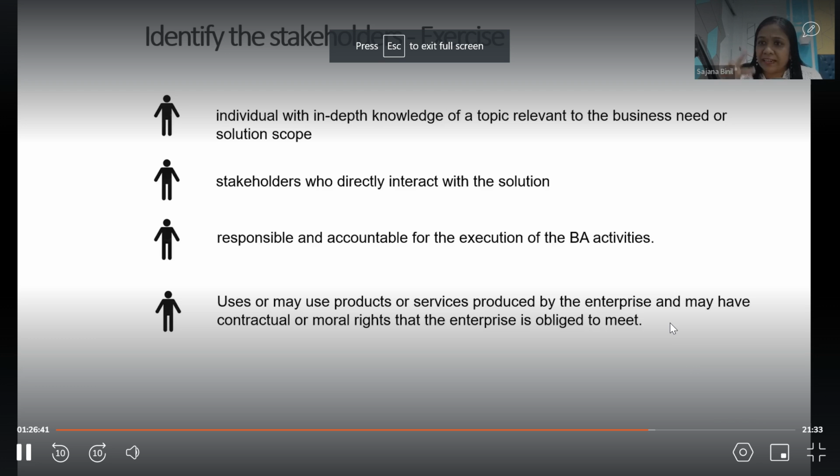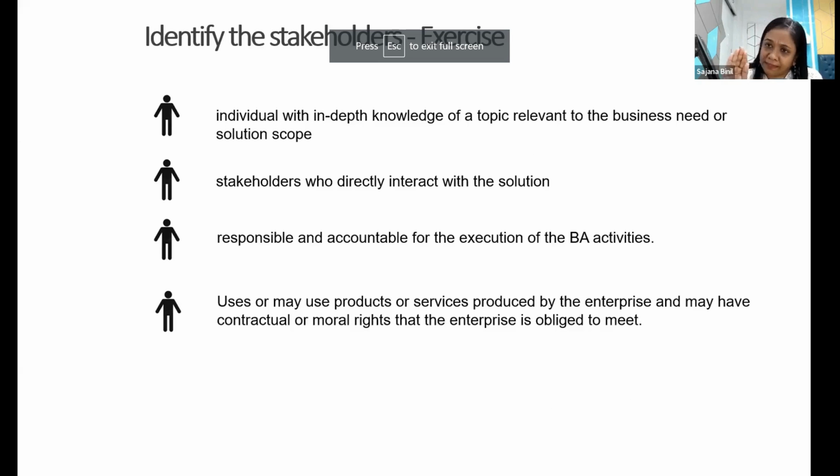So here you see a clear demarcation. When a customer is building an application for their internal use, then the customer and the end user might belong to the same organization, right? The senior manager is developing software for his ground level staff. They both belong to the same organization, but they have different roles.